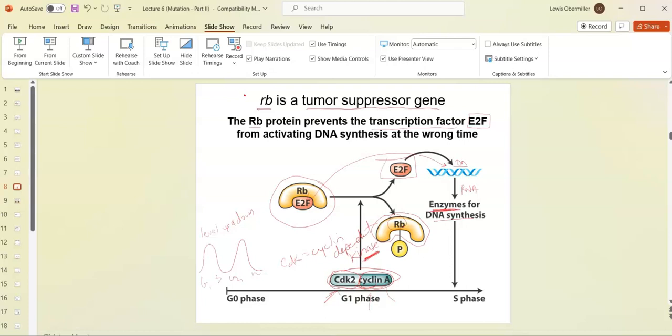Enzymes are proteins, and those proteins are involved in DNA synthesis. So in this case, the normal function of RB would be to inhibit DNA synthesis so that we don't have too much DNA produced. So it's kind of a stop, right? It's a stop for DNA synthesis when it's functional.